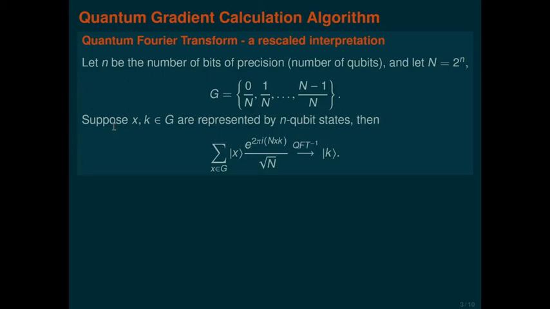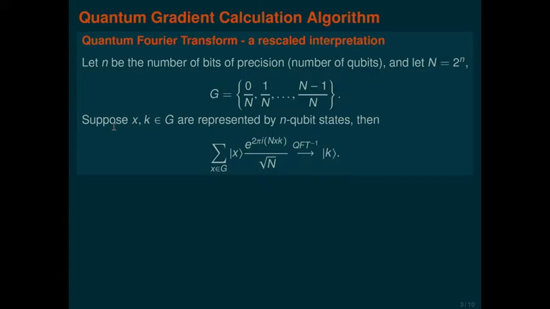So the basic idea of the gradient calculation algorithm is fairly simple. It's based on the quantum Fourier transform. I want to show this slide on the Fourier transform because it's a slightly unusual normalization, and I just want to make sure that it's the same usual Fourier transform. Instead of dealing with large numbers between 0 and 2 to the n, I want to deal with precise real numbers, so I rescale all my numbers to be between 0 and 1.